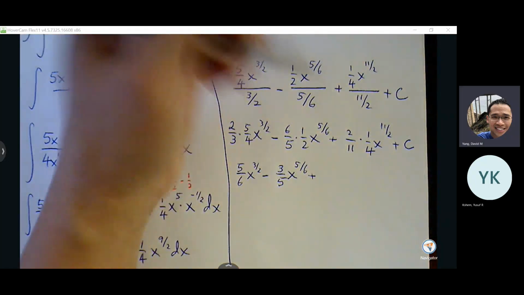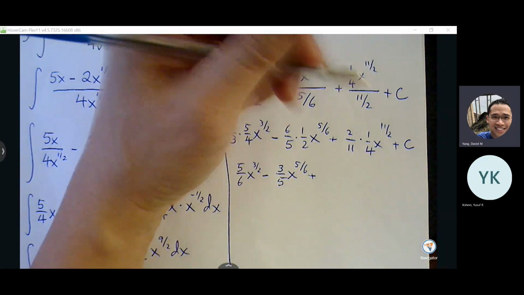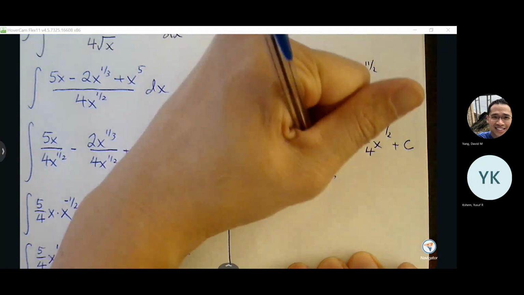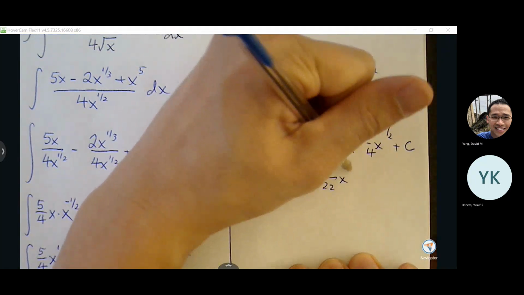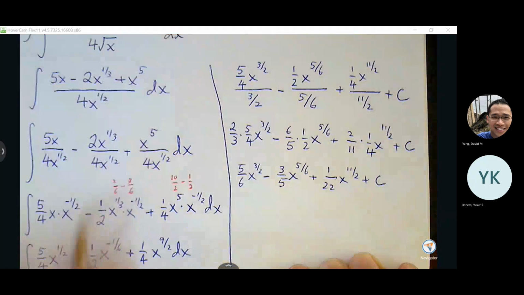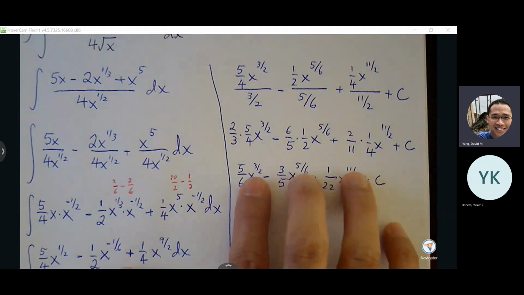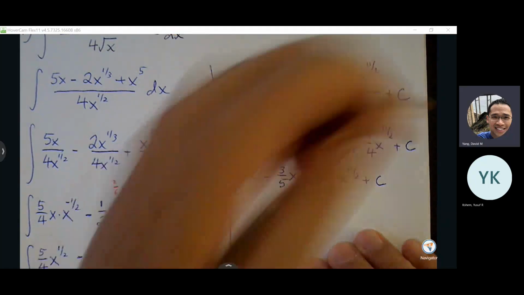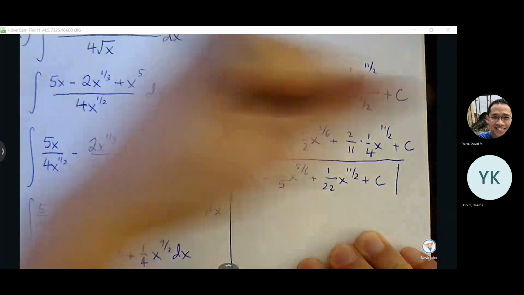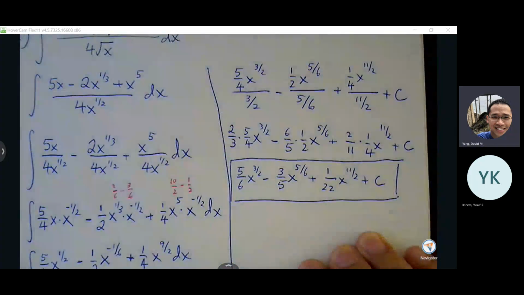Two over 44, same thing as 1/22. There's no exponents to move down because these are all positive exponents. We can keep them where they are. There's my answer.